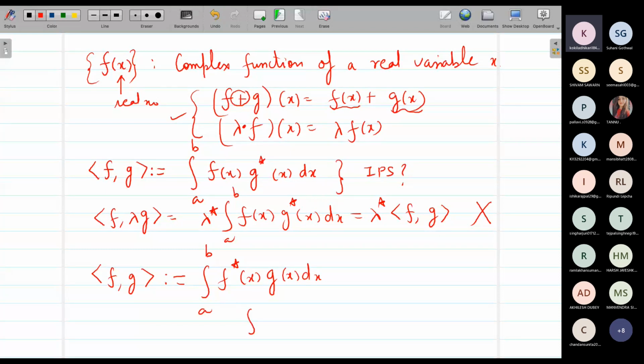Several books, if you just go back and look at Arfken, will give you plenty of examples where it is defined with some weight function, and it has given many weight functions there, and those all qualify to be inner products. So the important point to note is that the inner product is defined for a particular space in the manner such that all four properties hold true. If that doesn't happen, then we cannot qualify that to be an inner product space. So just like in the linear vector space, we have this. Now, questions here.